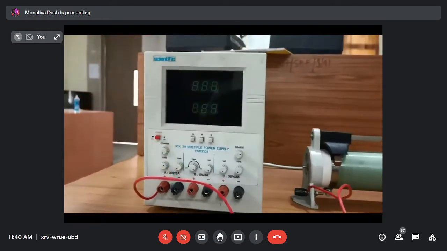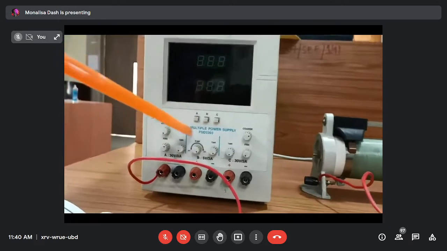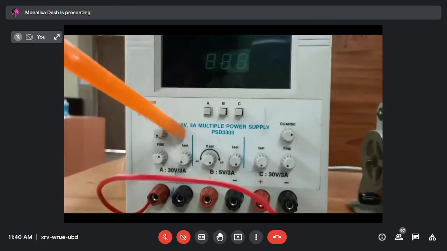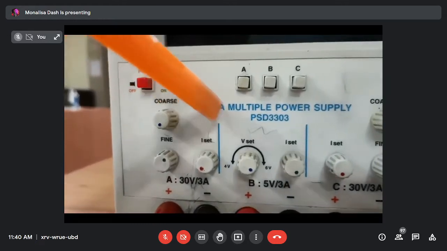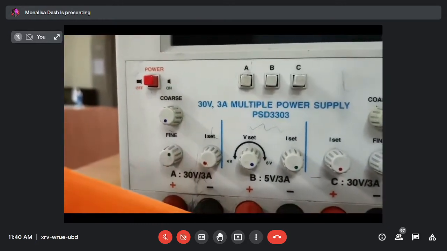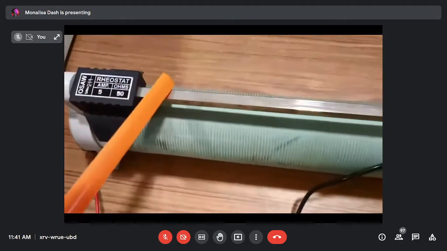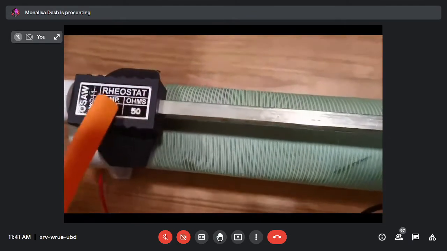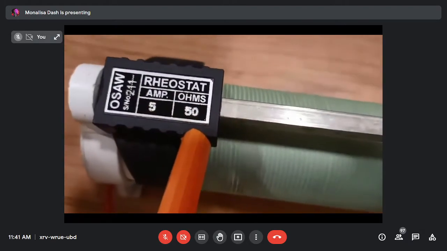This is our DC regulated power supply, whose rating is 30 volt and 3 ampere. This is the output, positive and negative. This one is our rheostat R1, whose rating is 5 ampere and 50 ohm.